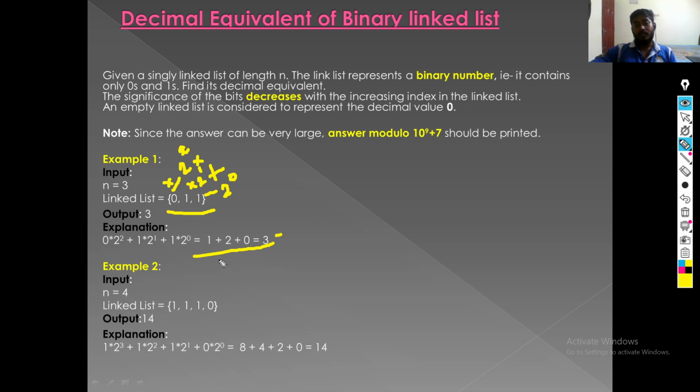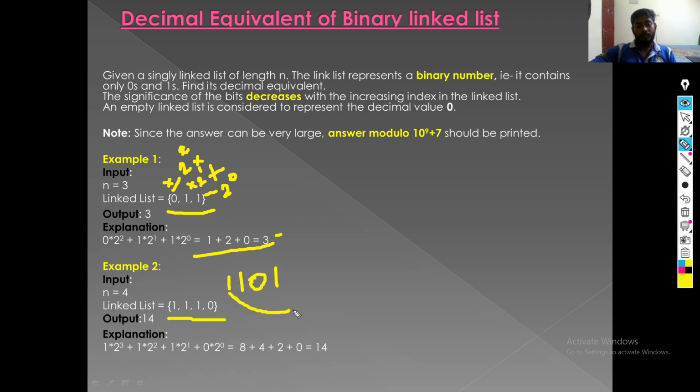Whenever we are getting a binary value, we must follow this kind of formulation to convert that binary to an integer. I can show you one other example which is not mentioned here. For example, 1 1 0 1.